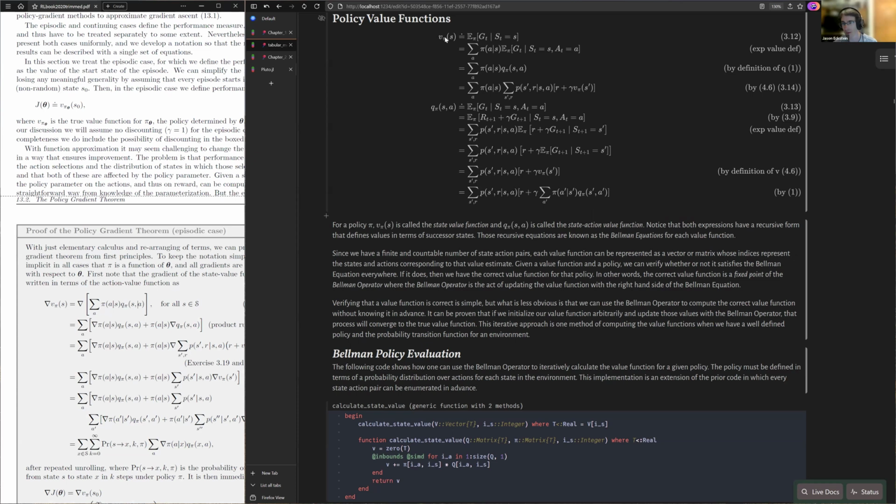So remember, the value function is defined as the expected value of the discounted return starting at a given state. And this is just expanding the definition of the expected value. This is the expectation under the policy.